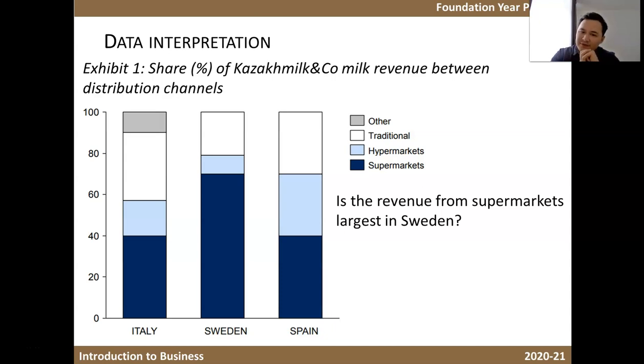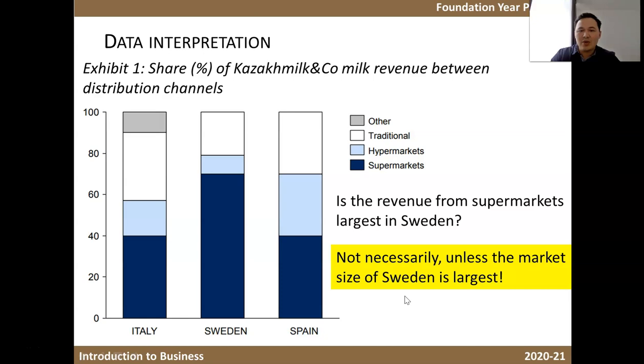Now, the first question: is the revenue from supermarkets largest in Sweden? It seems like the largest because it's 70%. So you want to answer yes, but no rush, because we don't know how big Sweden's market is.